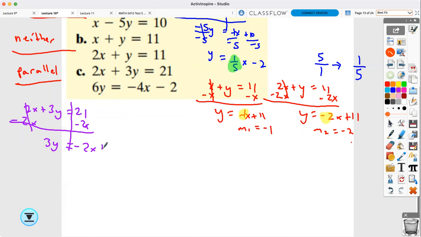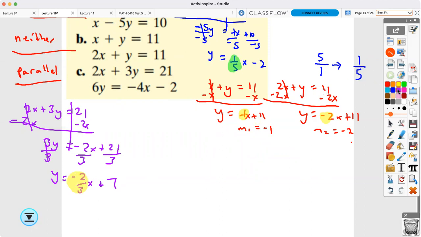Plus. It's a plus because it's a positive 21. All right, next step, what do we do to get Y by itself? Divide by 3. Correct, again. So then we get Y equals -2/3 X plus 7. So right there, we have the first M, which is -2/3.